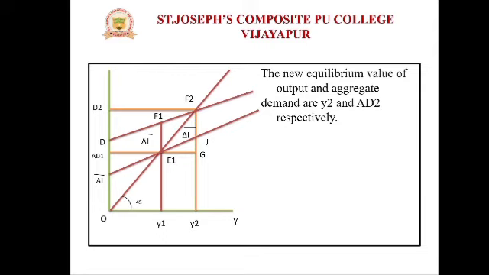The new equilibrium values of output and aggregate demand are Y2 and AD2 respectively, at the point E2, the equilibrium point. This is the diagram.